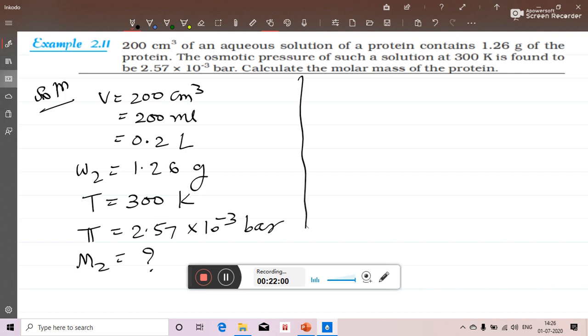So equation of osmotic pressure is pi equal to W2 RT upon M2V. Now when we have to find out M2, we have to exchange the place of pi and M2.